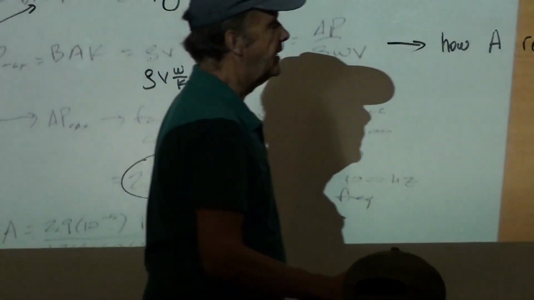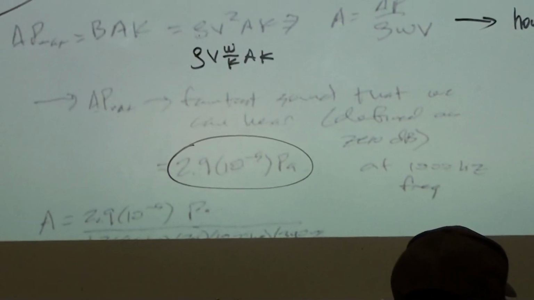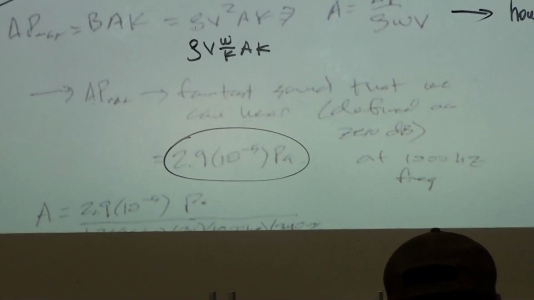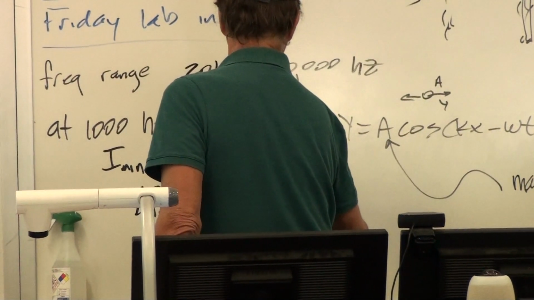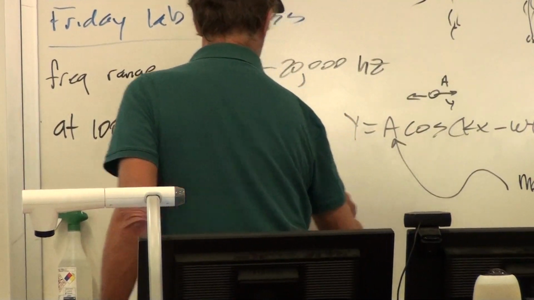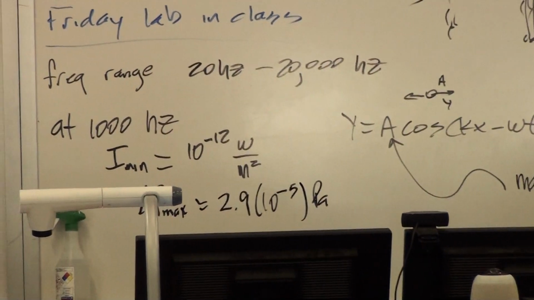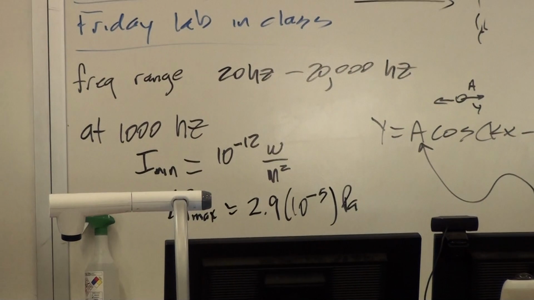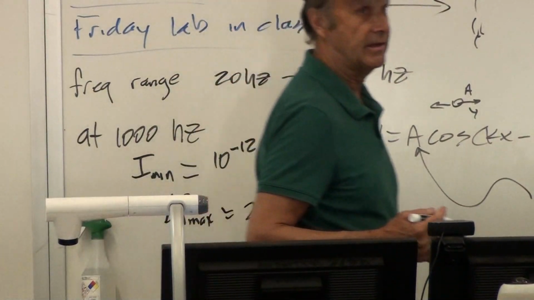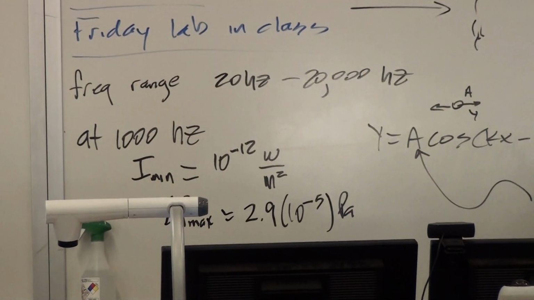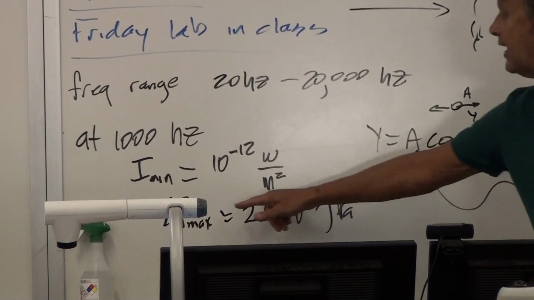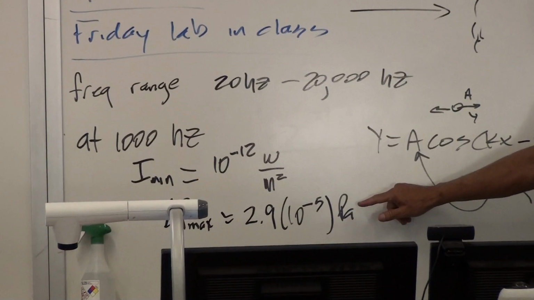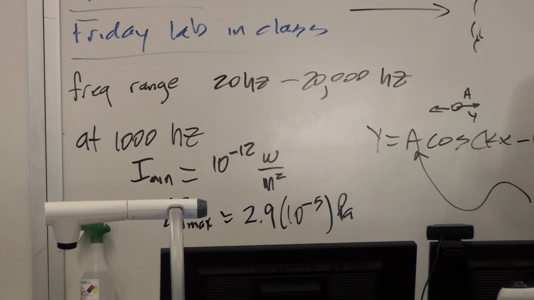So associated with 0 decibels, we have a delta P max that's just 2.9 times 10 to the minus 5 pascals. So if we relate that to atmospheric pressure, which is about 10 to the plus 5 pascals, we're dealing with a factor of 10 to the 10th power difference between atmospheric pressure and the variations in atmospheric pressure that can produce the sound that we can hear.